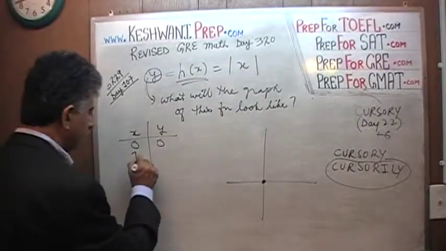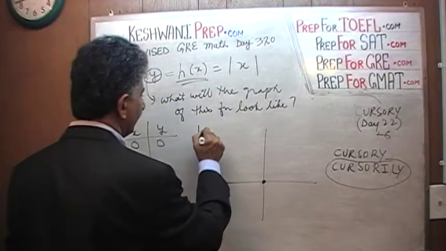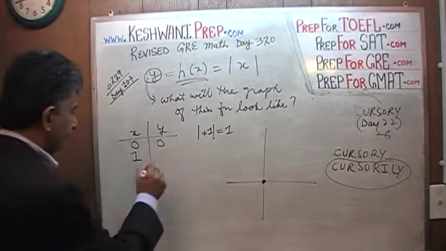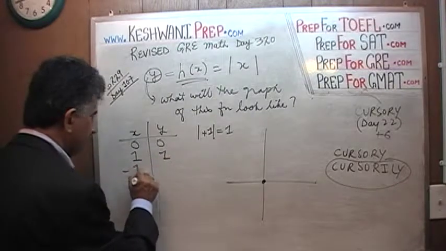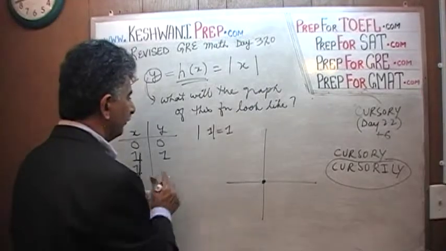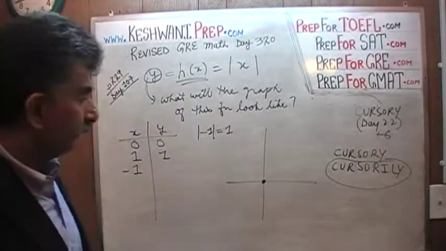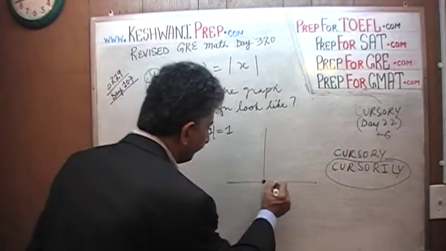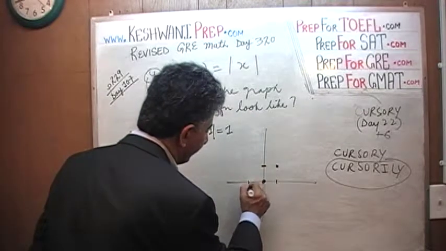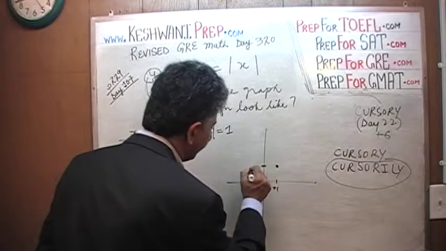When x is 1, the absolute value of 1 is 1. When x is negative 1, the absolute value of negative 1 is also 1. When x is 1, the value of y is 1. When x is negative 1, y is 1.